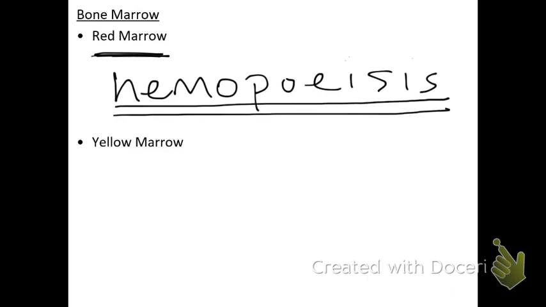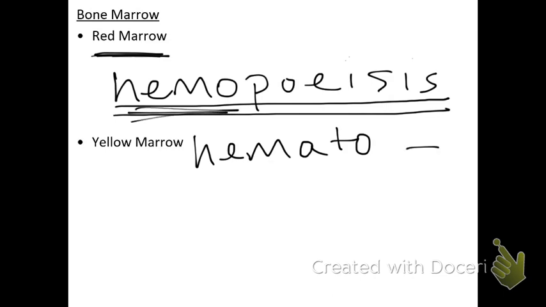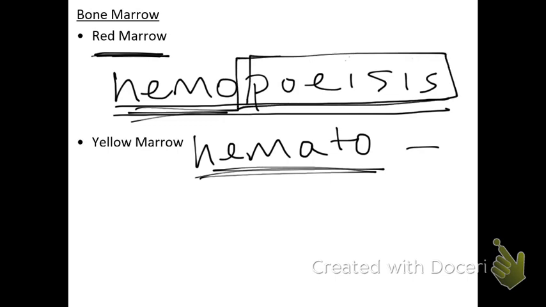But hemopoiesis, you'll also see hematopoiesis. Both hemo and hemato are prefixes that mean blood. Poiesis is a term that means the formation of. So hemopoiesis or hematopoiesis is the formation of blood that happens in the red bone marrow. Again, the yellow bone marrow is not hematopoietic, but is a space filler, essentially fat.